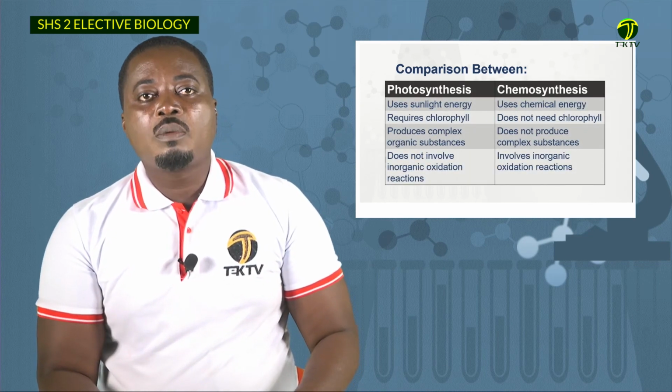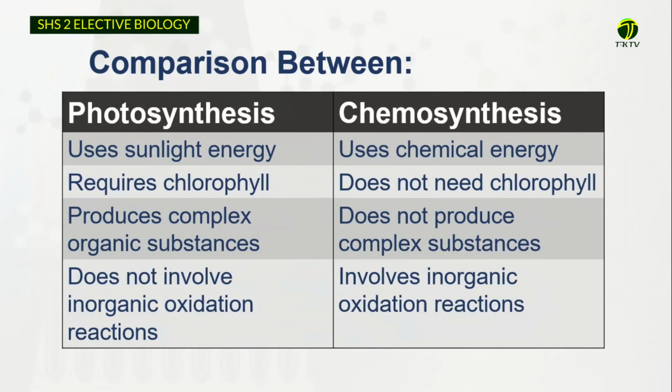Let's look at some comparisons between photosynthesis and chemosynthesis. Photosynthesis uses sunlight as a source of energy. Chemosynthesis uses chemicals as its source of energy. For photosynthesis, you must have chlorophyll. If you don't have chlorophyll, you cannot. But chemosynthesis does not need chlorophyll.